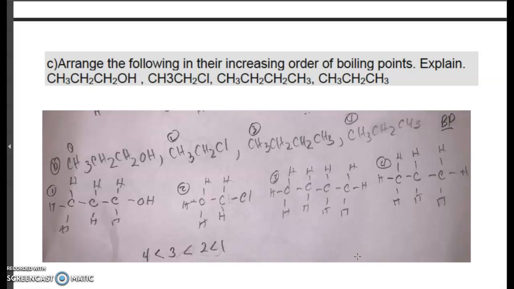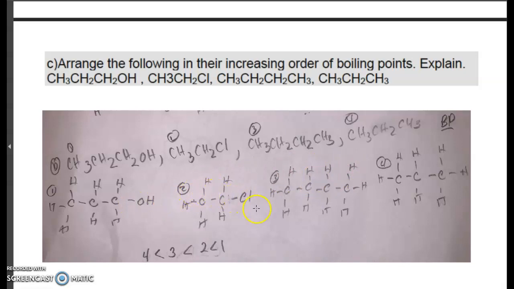So I said that the highest boiling point was 4. I named this all and then wrote it all out. I said that the chain itself is the highest. So I did 4, 3, 2, 1. The longer the chain, the better.